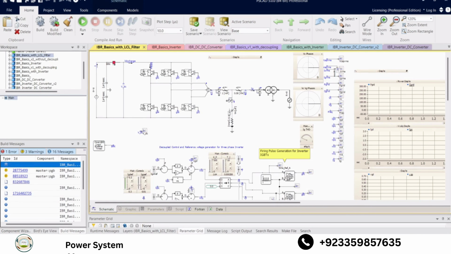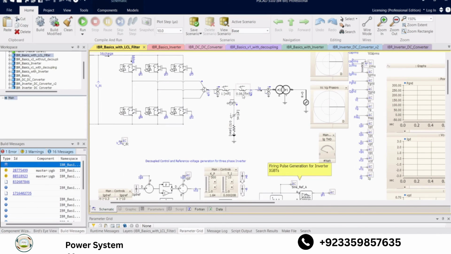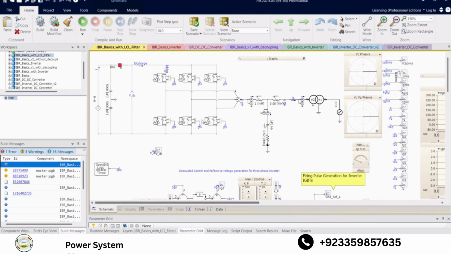So we will be designing this LCL filter. These values are not random. These are selected based on very specific performance of the LCL filter. So we will be looking at this inverter without the LCL filter and what kind of harmonics I get, and we will be improving those harmonics.